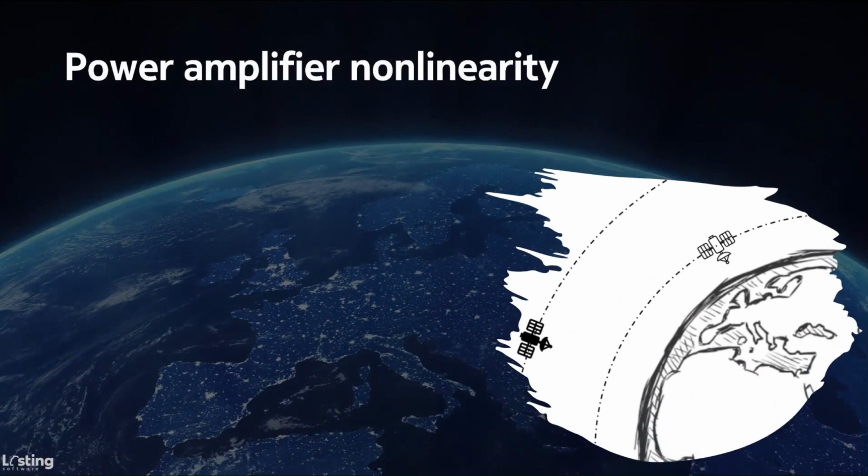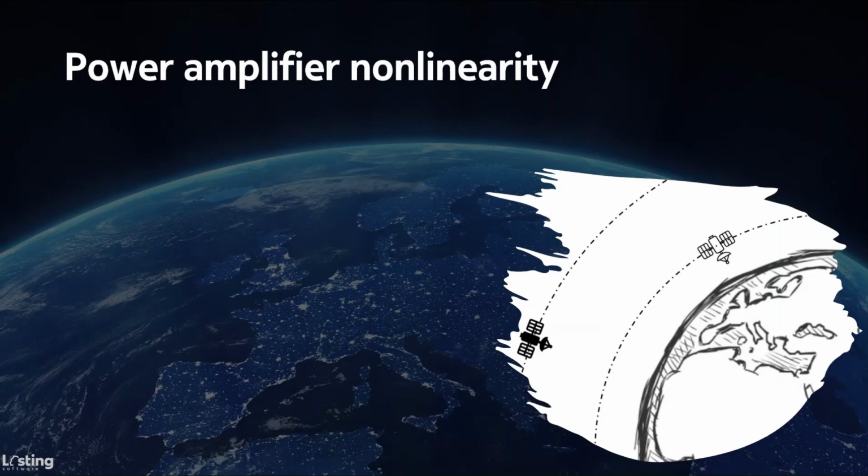Power amplifier nonlinearity. By nature, the satellite suffers high constraints in all carried equipment, including onboard power amplifiers. Hence, they are expected to operate near maximum rated output power, close to saturation.